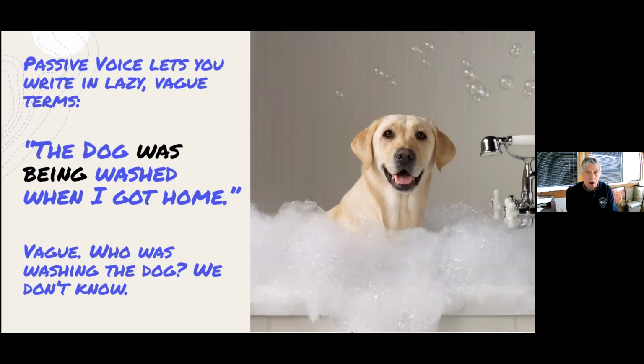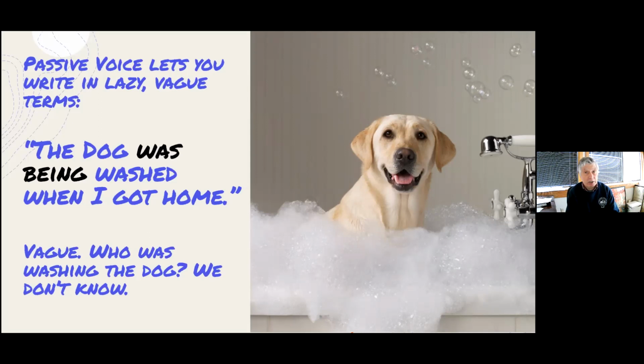Who's washing the dog? Who knows? You're not telling people. And in historical research, it kind of lets you skate by because you don't have to identify that person. You don't have to do that extra research to find out who that person was or who those people were. It's just was being. You get to be vague with it.